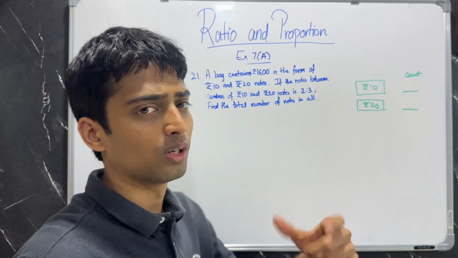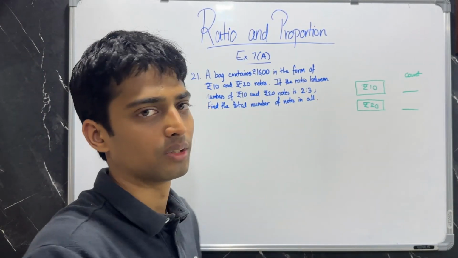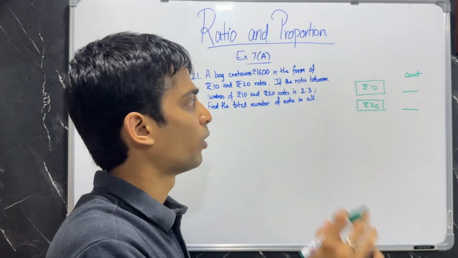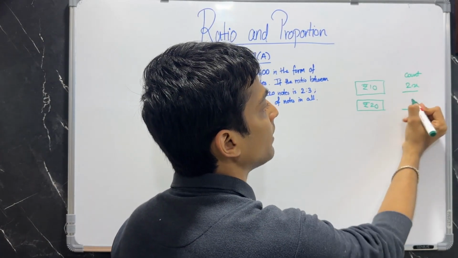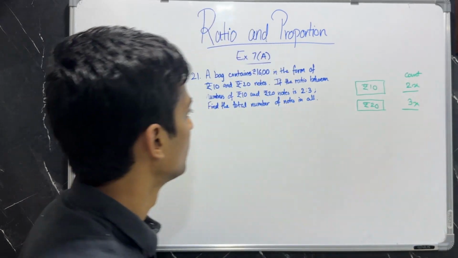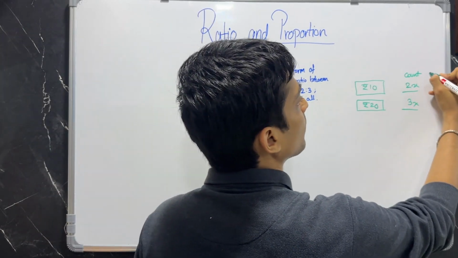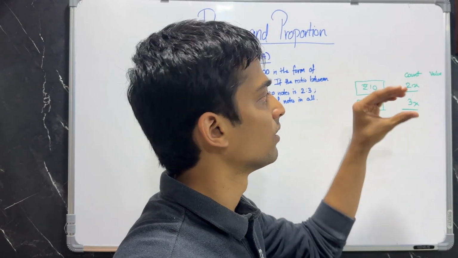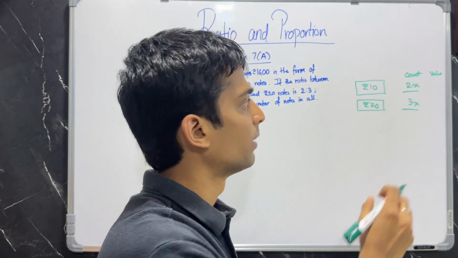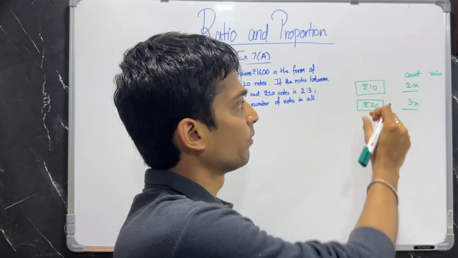So the actual count we don't know, but it's in the ratio of 2:3. So we can assume the common factor as x, and we can write the count will be 2x and 3x, right? What will be the value? So there is a bundle of 10 rupee notes which is 2x. In the bundle there are 2x amount of 10 rupee notes.